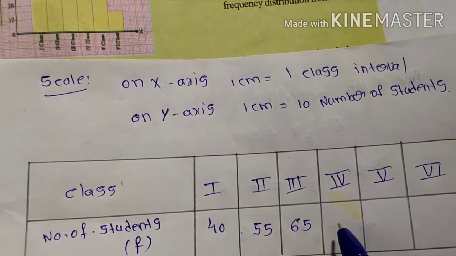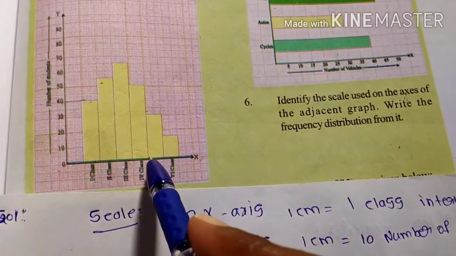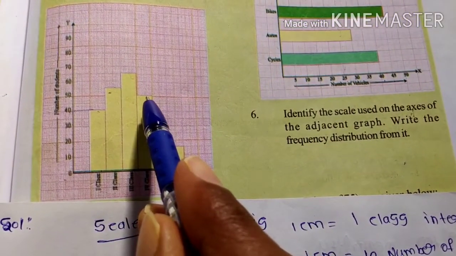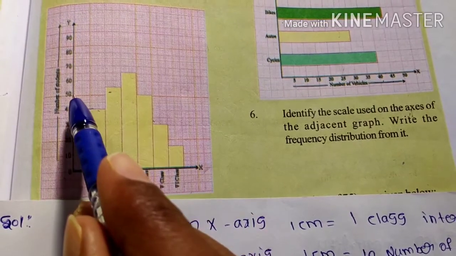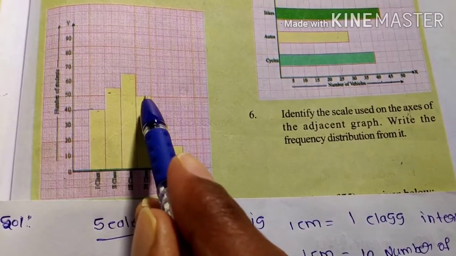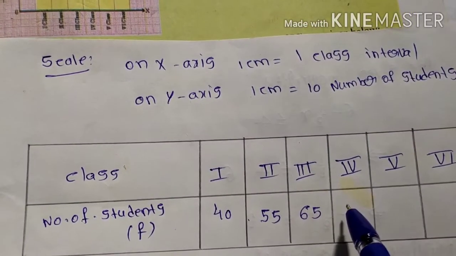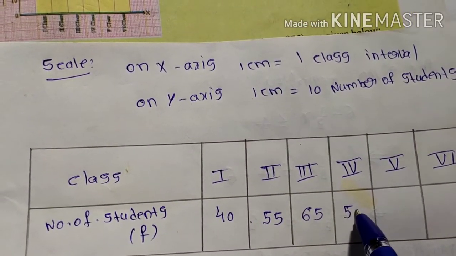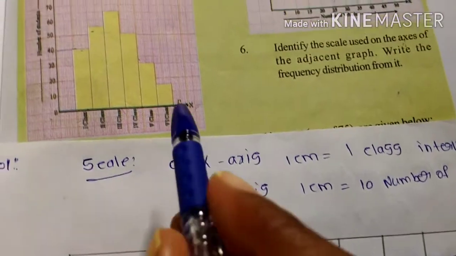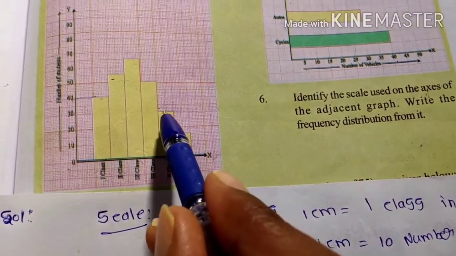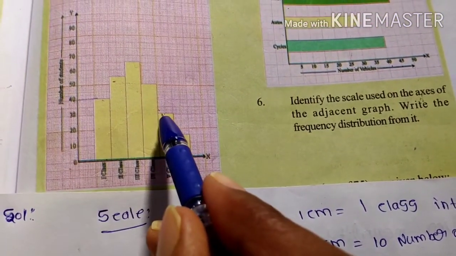Next you can see here fourth class. This will be up to exactly 50 only. You can consider here 50 students. Here fifth class, exactly up to 30 students only.